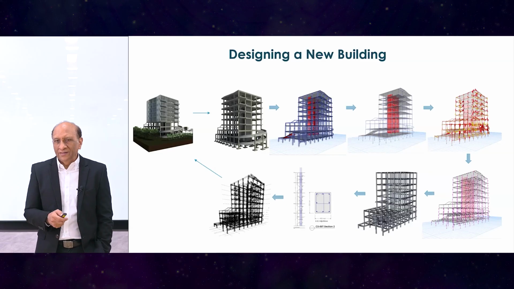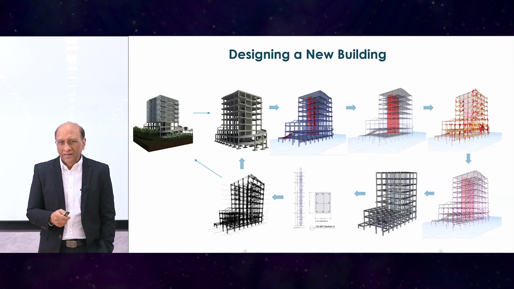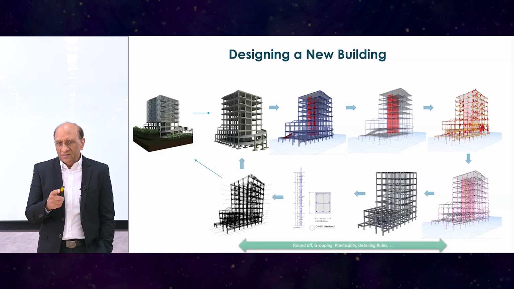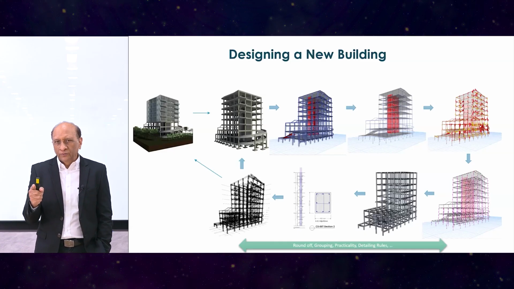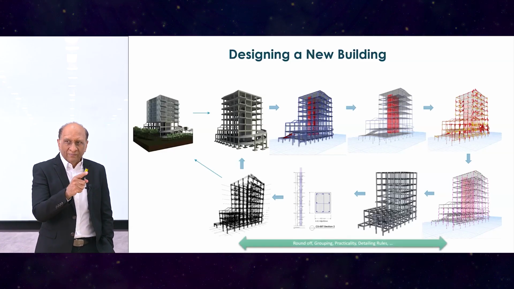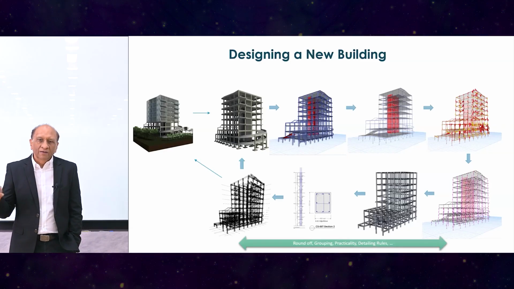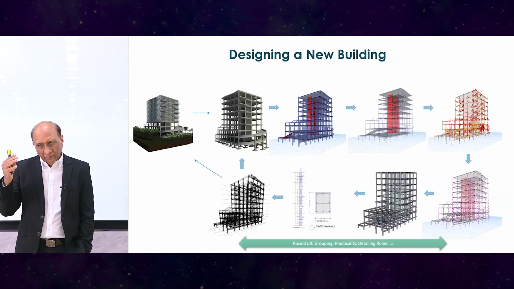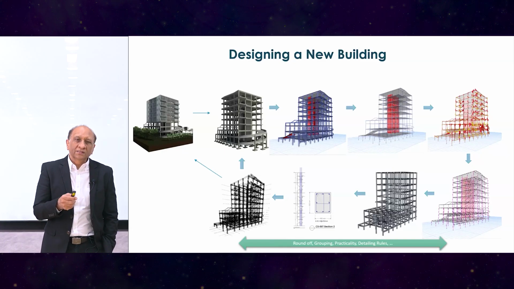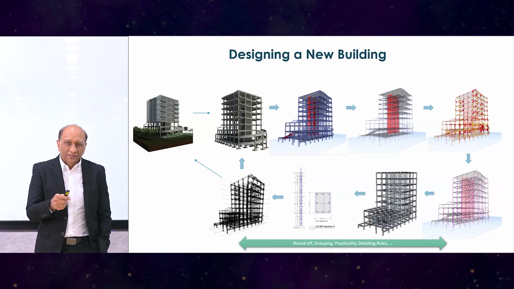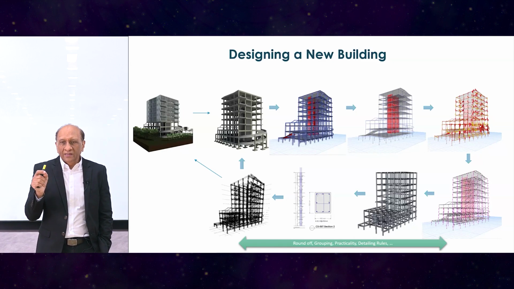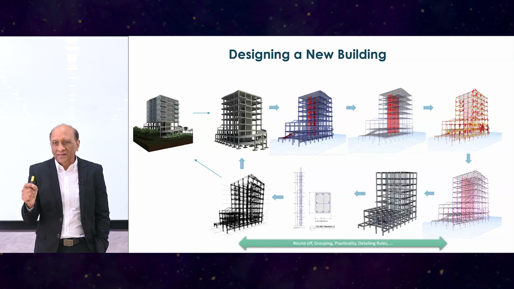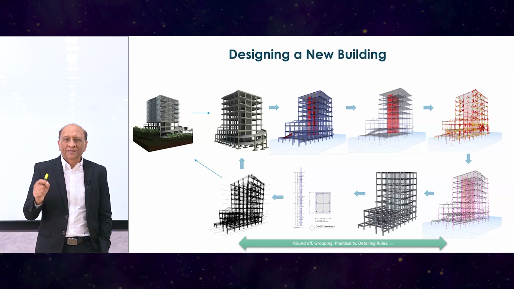Now, the problem in this one is coming in this zone here, because after we calculate the reinforcement, by the time we provide the detailing, we round off many things. We group them. So I was saying that if we create a building structure and then we run it through, we can calculate the reinforcement accurately based on the analysis.